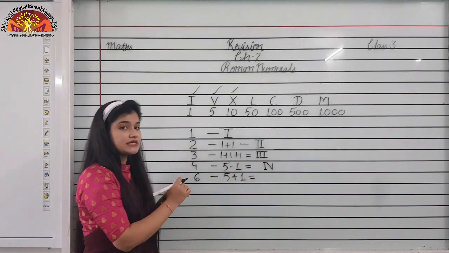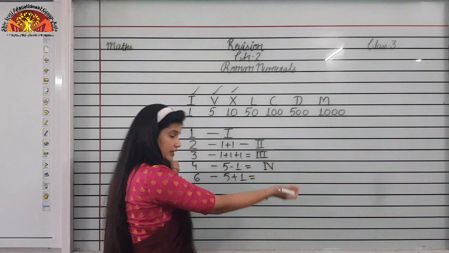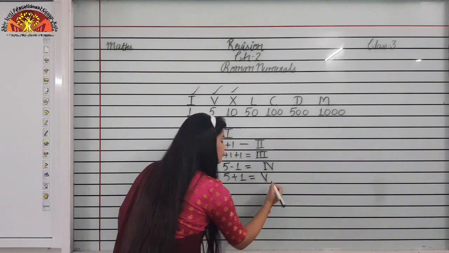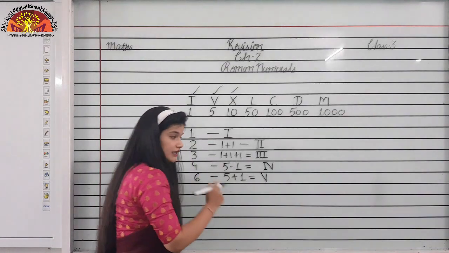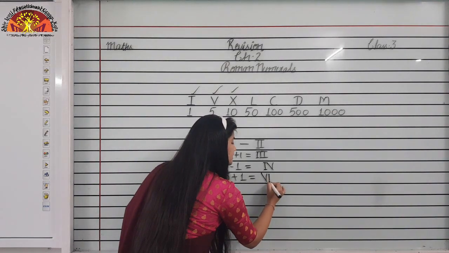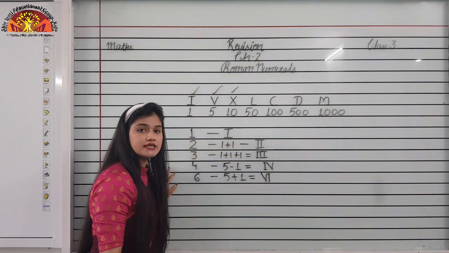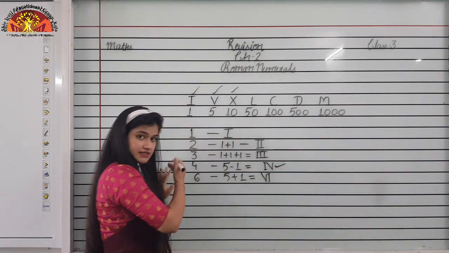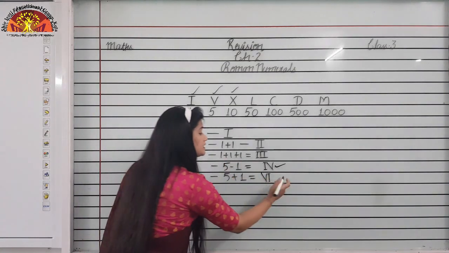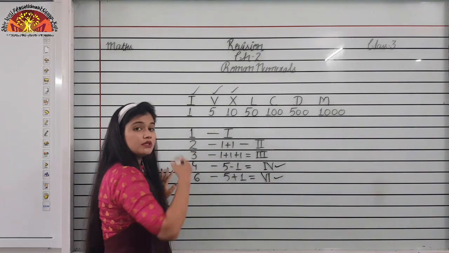On which side do you have to put the smaller symbol? RHS, right hand side. So first of all V means 5. Now we have to add 1. So we'll put I this side. Now this will be 6. Is it clear students? This is 4 when we are putting the symbol on the left hand side, and this will be 6 when we put the symbol on the right side.